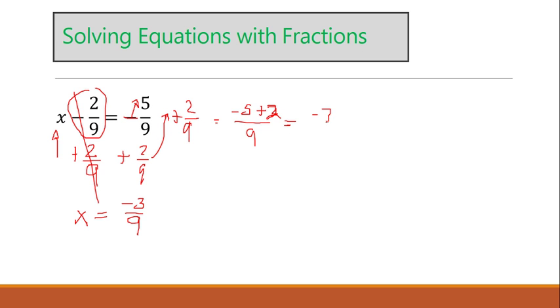So we get -3 divided by 9, and that can reduce. 3 and 9 have both a common factor of 3, so I can divide both the numerator and the denominator by 3. So I end up with -1 over 3, and that is a simplified fraction.